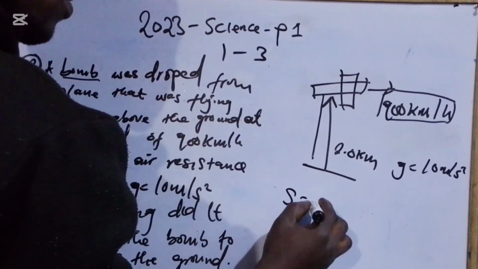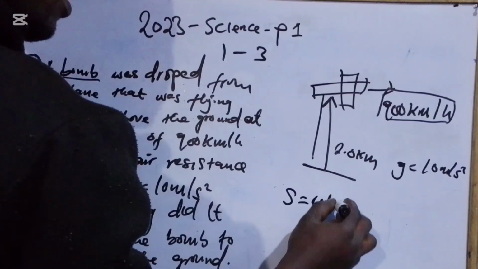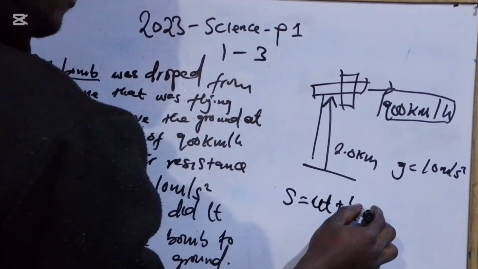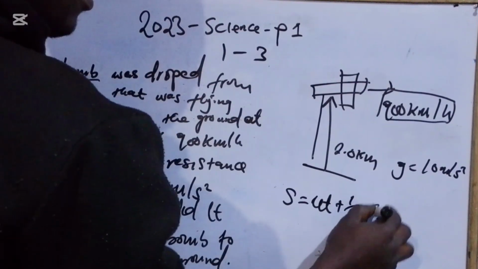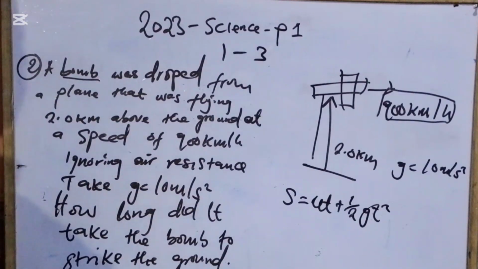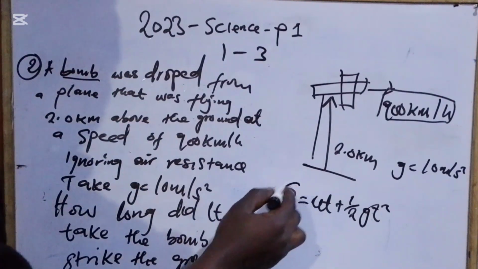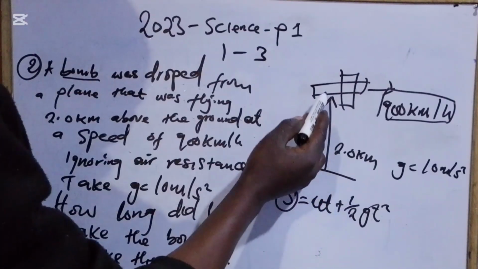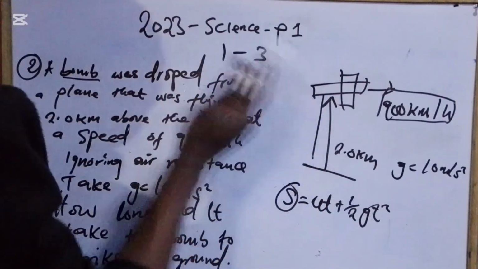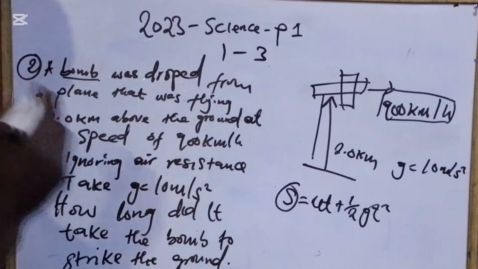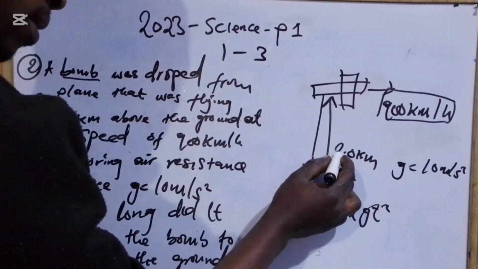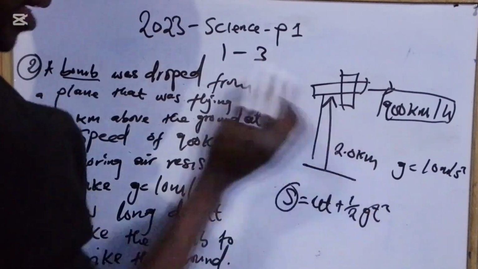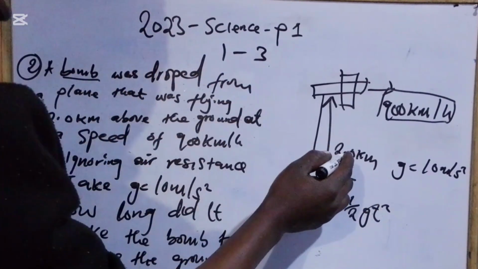So we are going to use this equation: displacement equals ut plus half gt squared. Our displacement is this distance from the ground to where the plane was, and this distance must be converted into meters. How do we convert this?